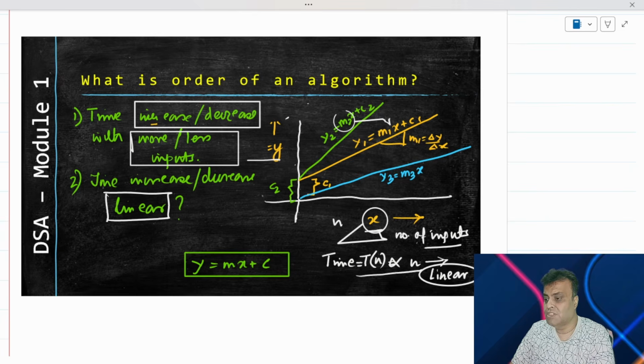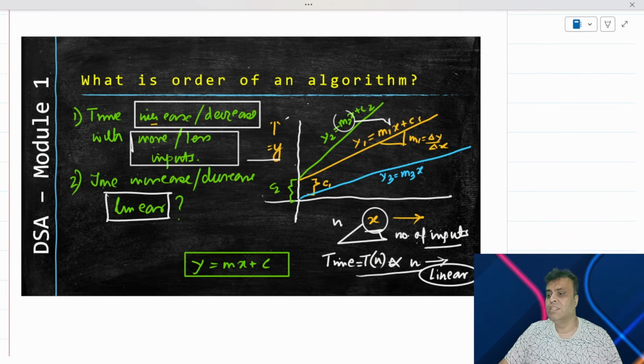So we can always shift a curve whose slope is steeper or flatter to a conventional benchmark slope, which is y equal to mx plus c. And therefore, all curves can be represented from an asymptotic notation standpoint as y equal to mx plus c if they grow in a linear manner with respect to the number of inputs. That is what we have established here.